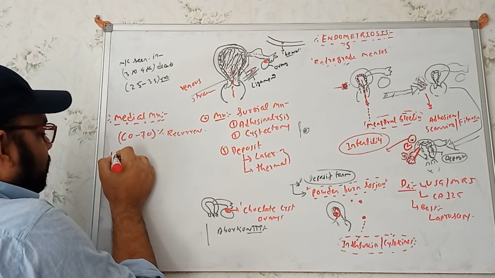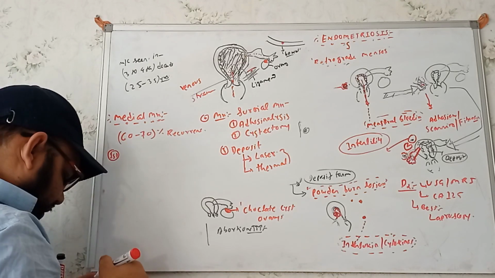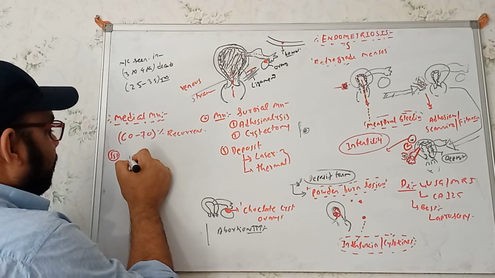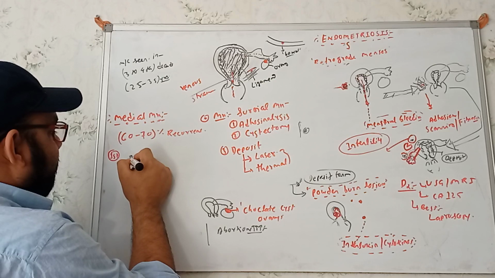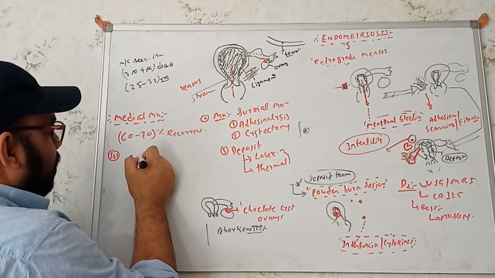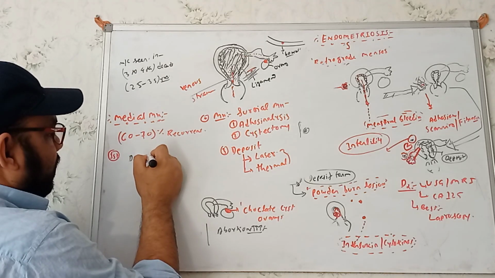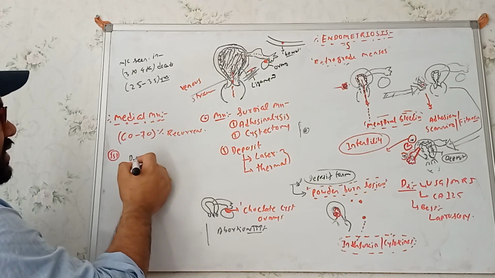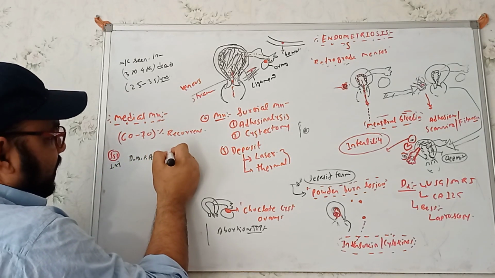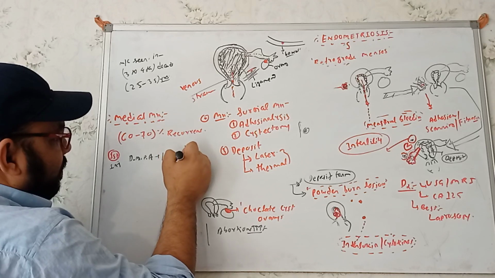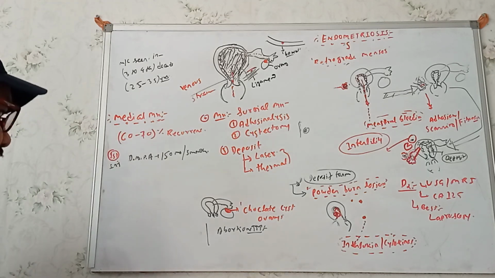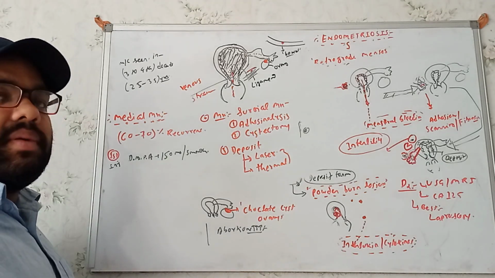So the first line drugs we can use over here are the injections of DMPA, medroxyprogesterone acetate injection. We can inject this one at 150 mg per 3 months. That means within 3 months we have to give one dose, that's the DMPA injection of 150 milligram.